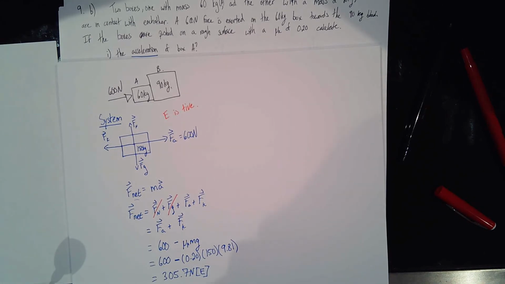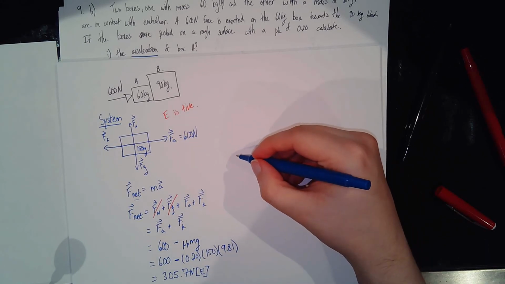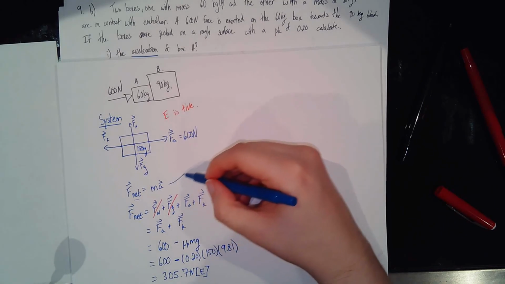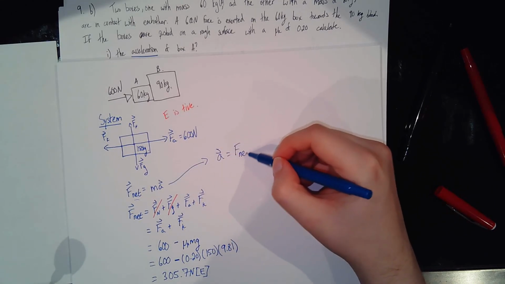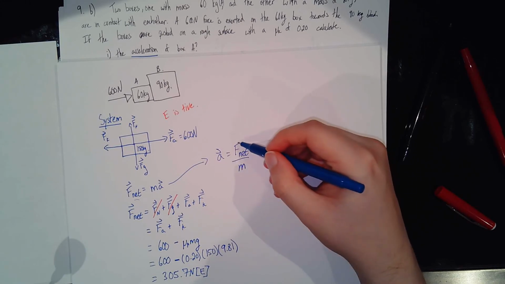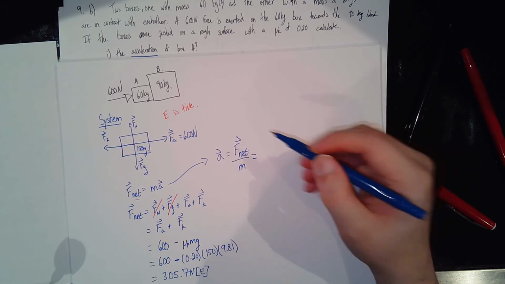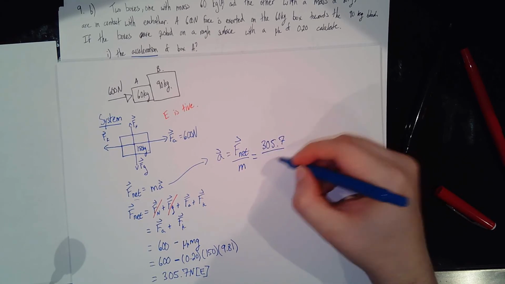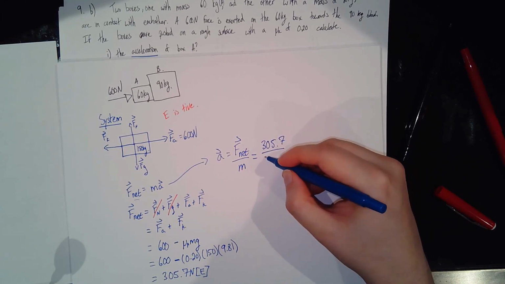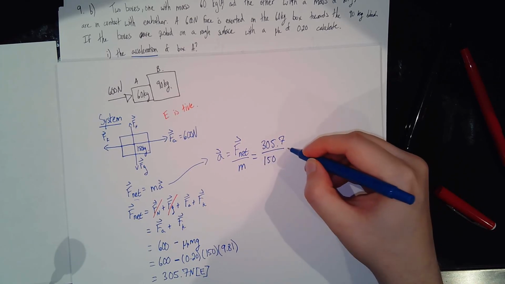Right, and it's being pushed to the east, so we would hope that the acceleration is to the east. If this came out negative, it would mean that we made a mistake somewhere. Okay, and so now that we know our net force, we can rearrange this equation so that the acceleration is equal to the net force divided by the mass. And so that's going to be equal to 305.7 divided by 150 kilograms.